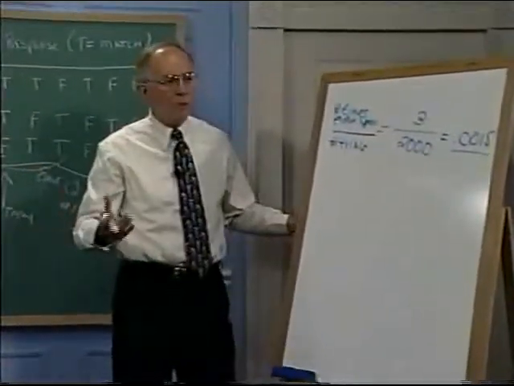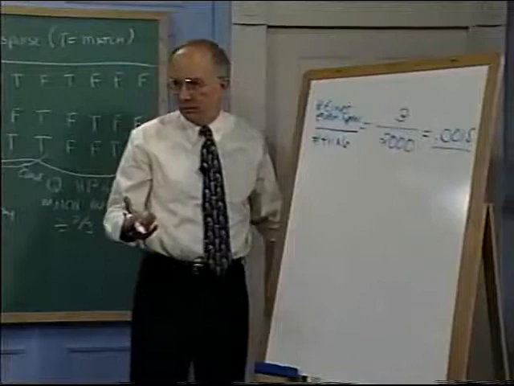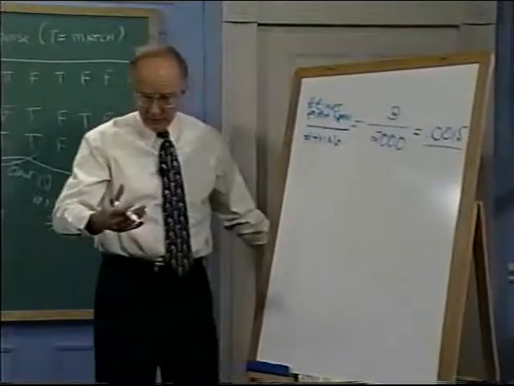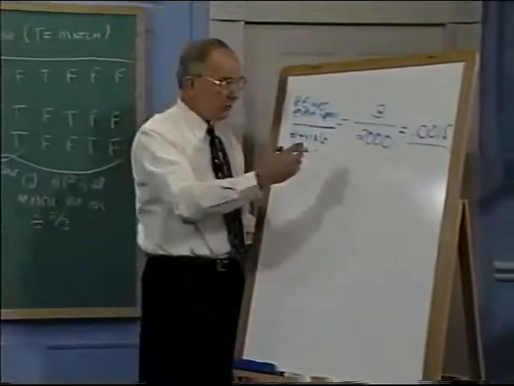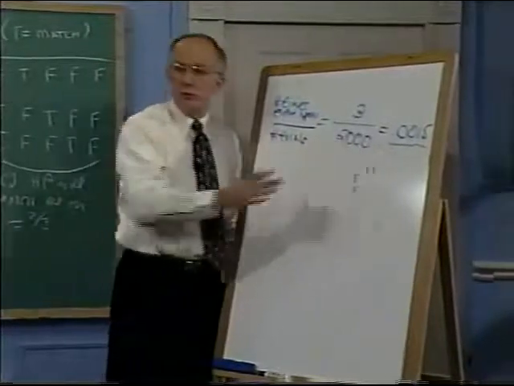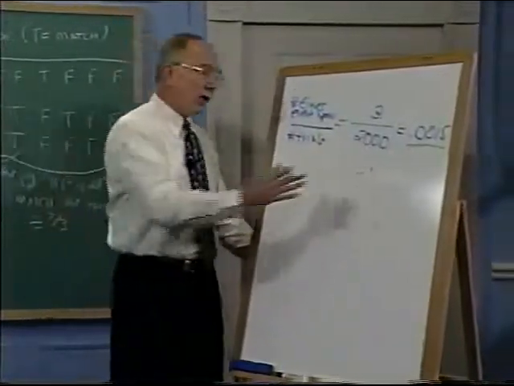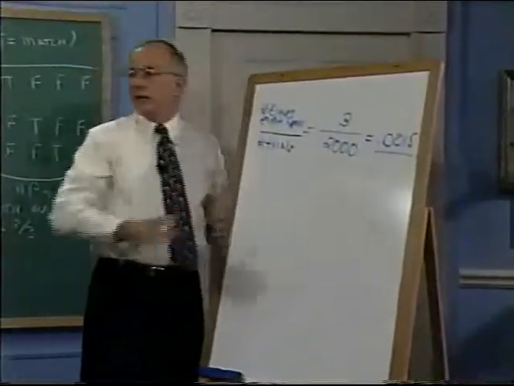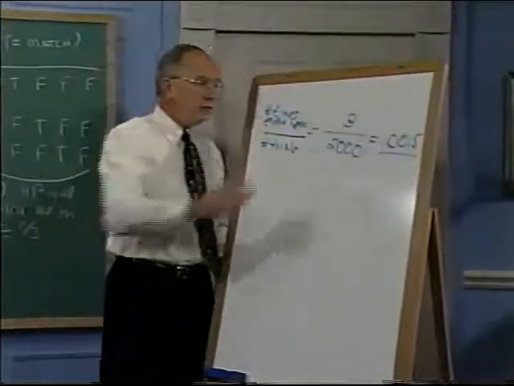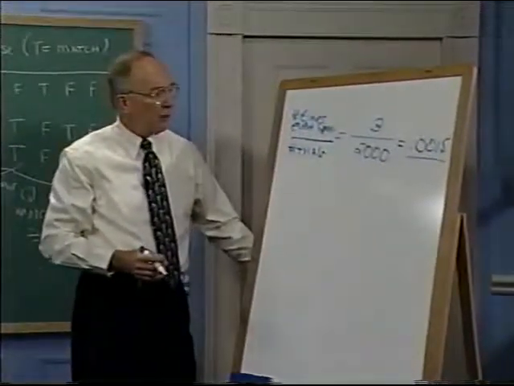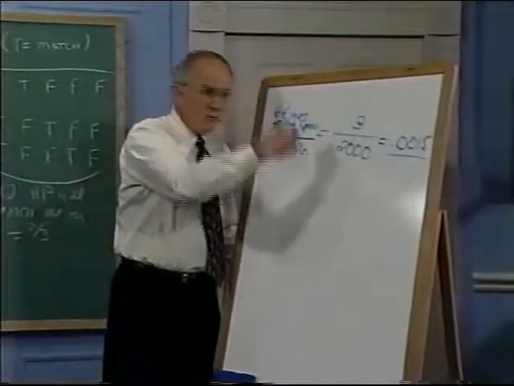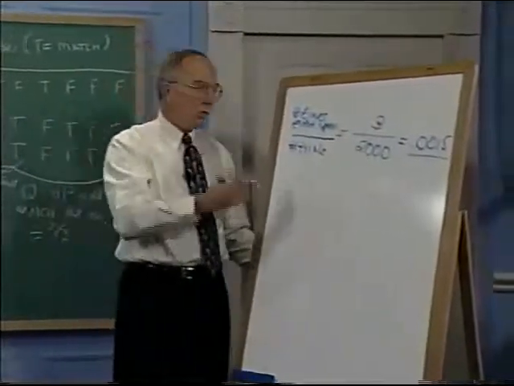Or, for example, I want to find my response rate to going out to a certain customer mailing list. So I go out to 2,000 customers and I find three respond to my ad. And this is my response rate, or probability of getting a response.